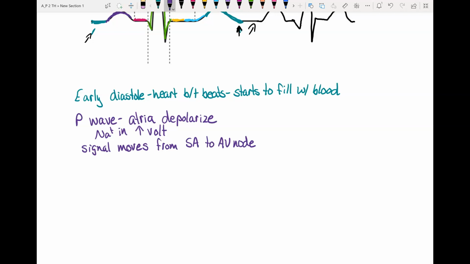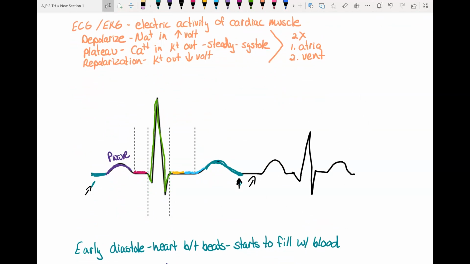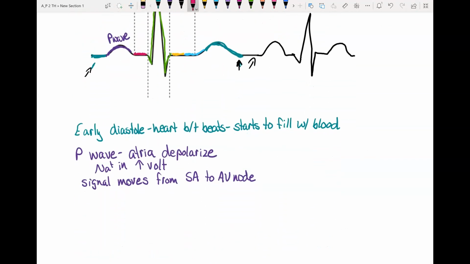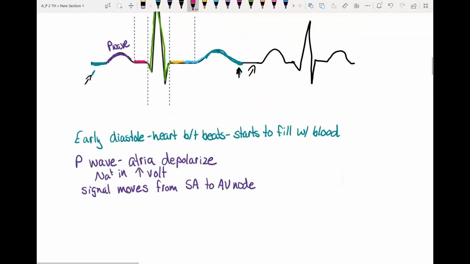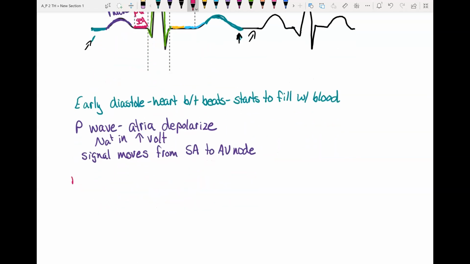Okay, then after you depolarize, the next thing you have is plateau and systole. So that is the atrial systole. This part is called the PQ segment. So the PQ segment shows us the atria in plateau.